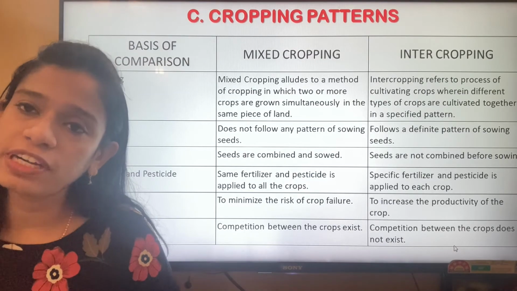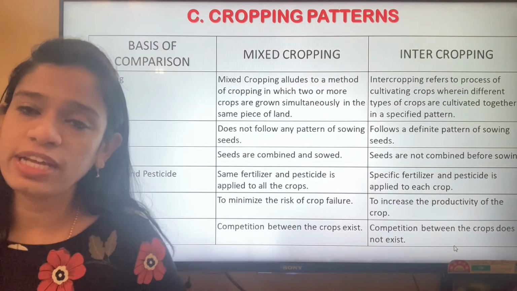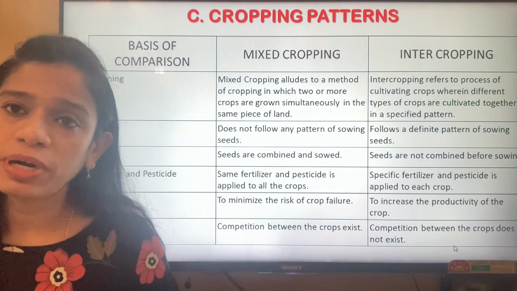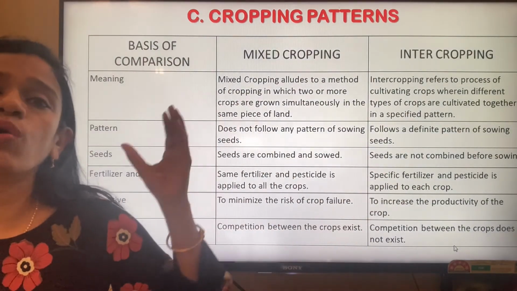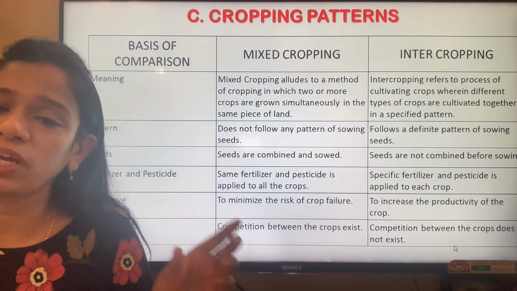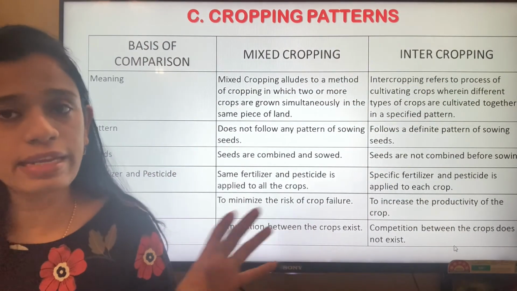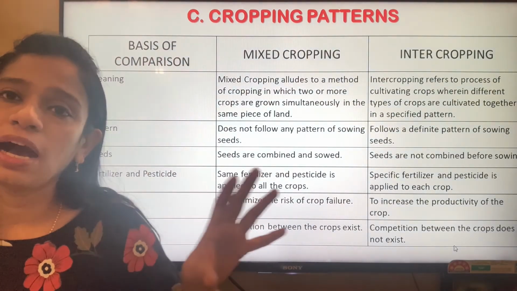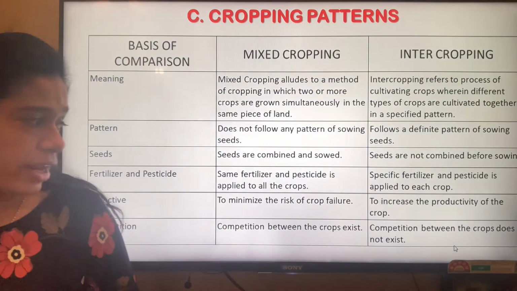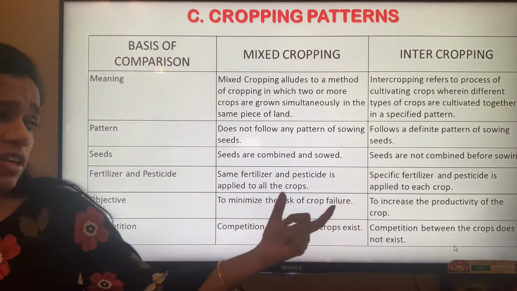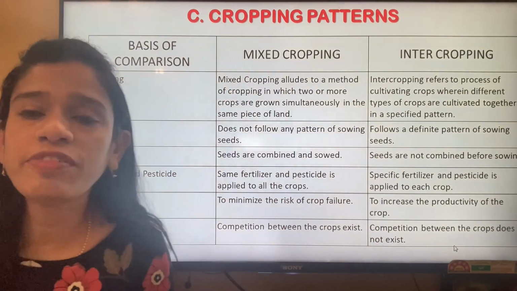So a general fertilizer, pesticide or fungicide is applied to the whole piece of land. Here only for particular crop A, a particular fertilizer or pesticide is applied, whereas for B, another type of fertilizer is applied.